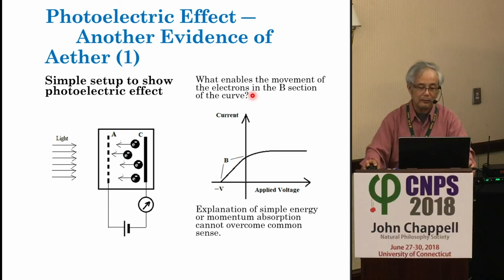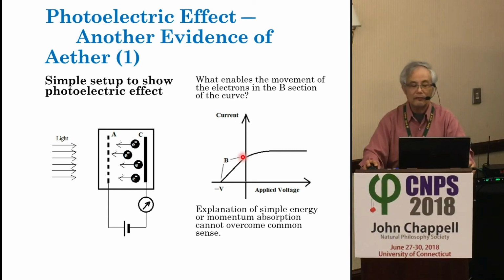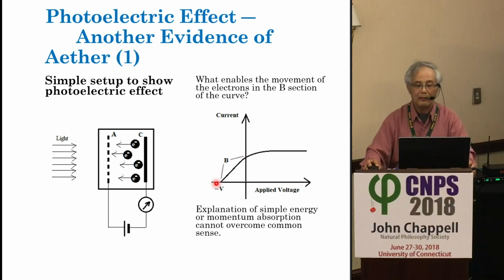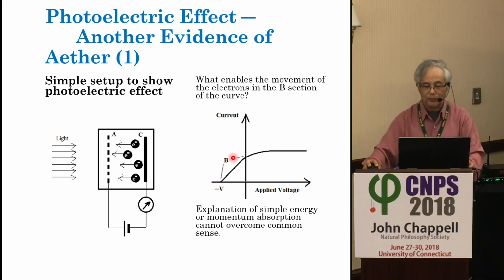Very obviously, with their diagram, we don't even have to have light, but electrons just fly off at this inverse voltage range.